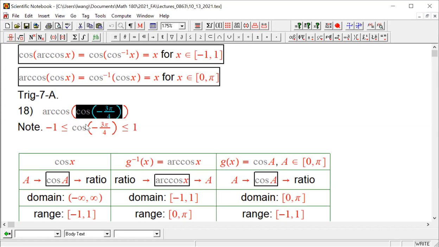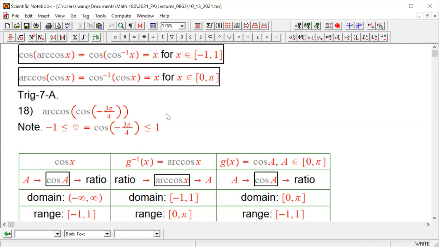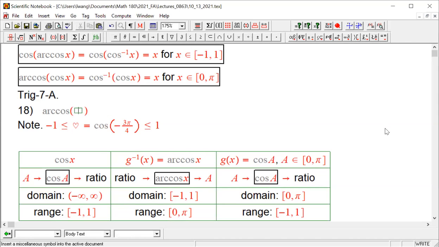If I assume this entity is a heart, I know this heart has to be between -1 and +1, because that's what ArcCosine requires the domain to be chosen from. For certain, I know cosine of any real number is between -1 and +1.